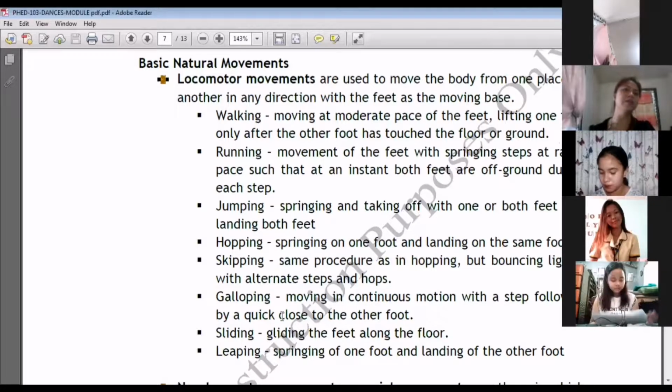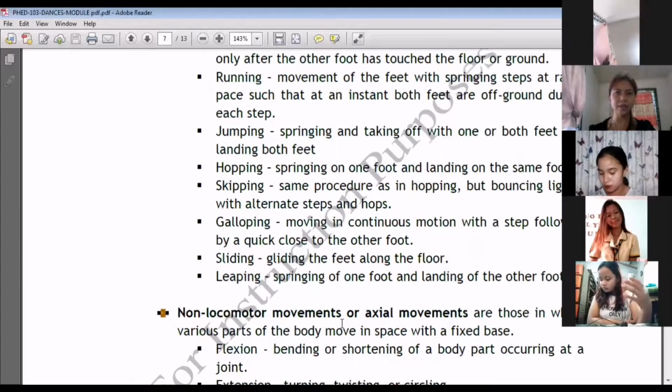non-locomotor. What's the difference between the two? Anyone? What's the difference between locomotor and non-locomotor movements? Janina.